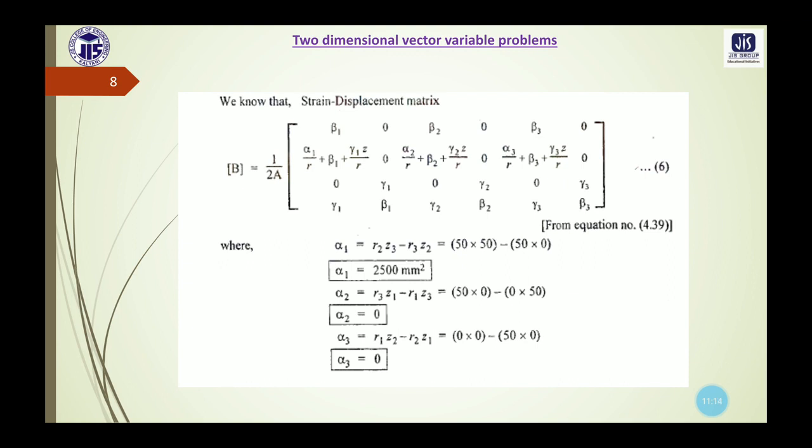Now this is actually a part of this current numerical. So the formula to calculate the strain displacement matrix is represented here as equation number 6.